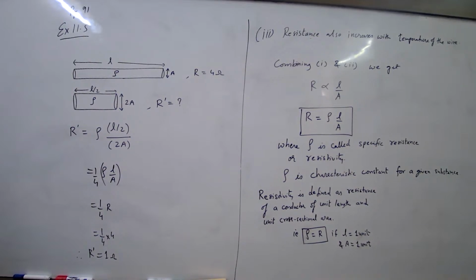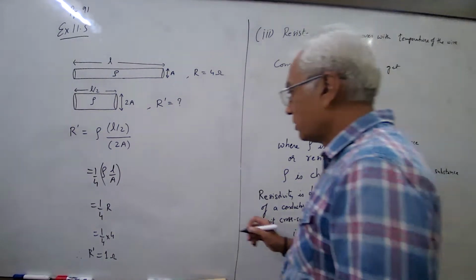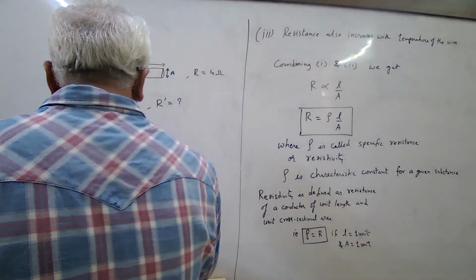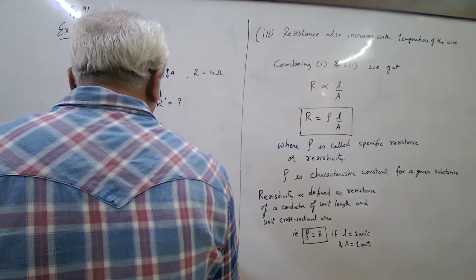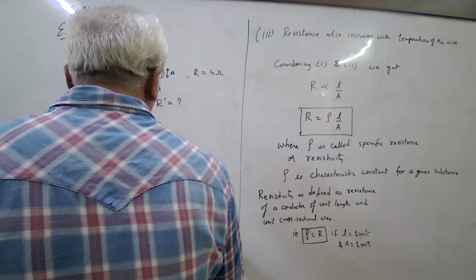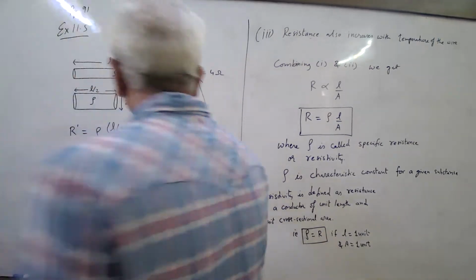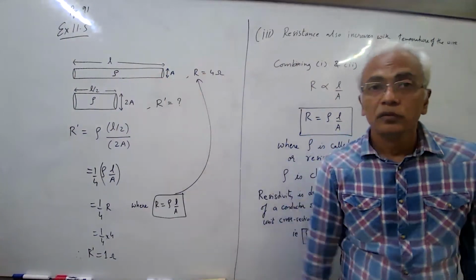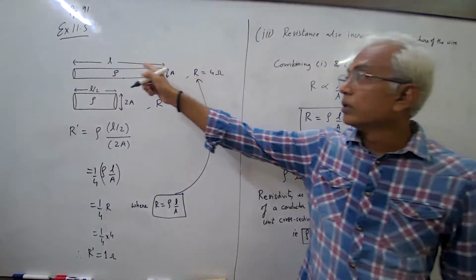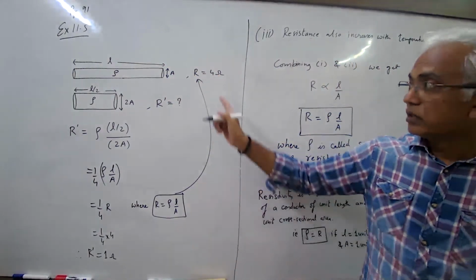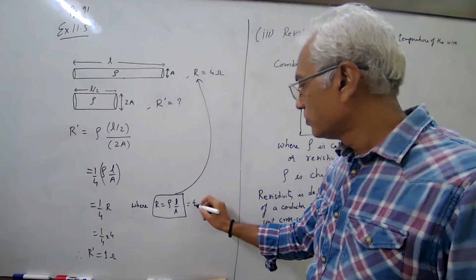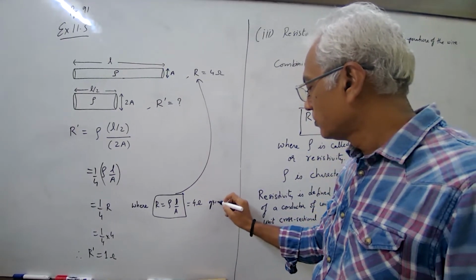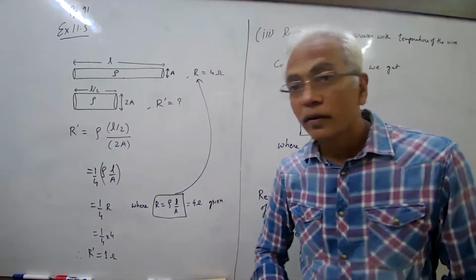Where R is equal to this R. What is this R? Rho L by A, which is nothing but 4. This is given in the question.